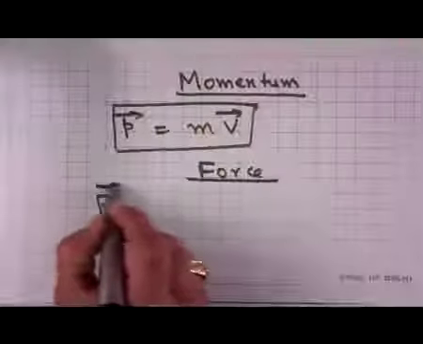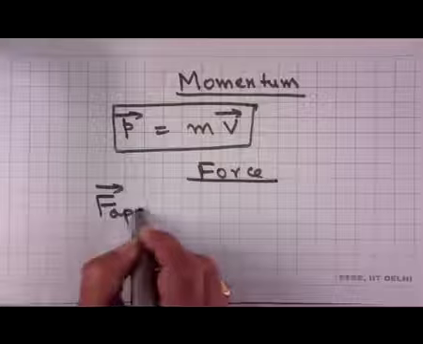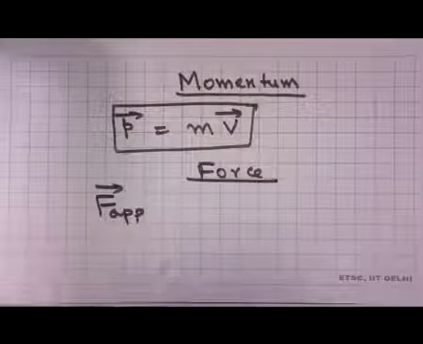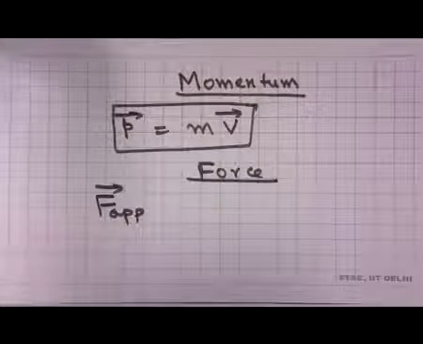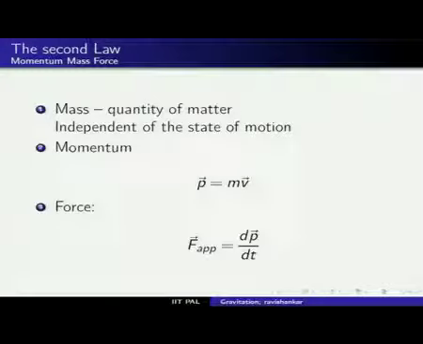What it says is that if there is an applied force, so if you come back to this slide and if you look at it, I have written F applied. That is very, very important for me, because if you say F applied is equal to dP by dt, it makes no sense.